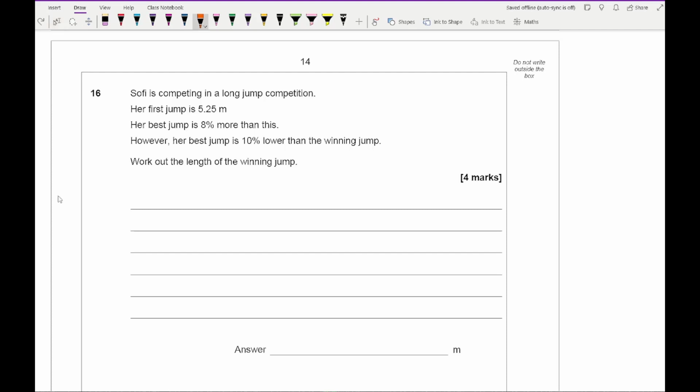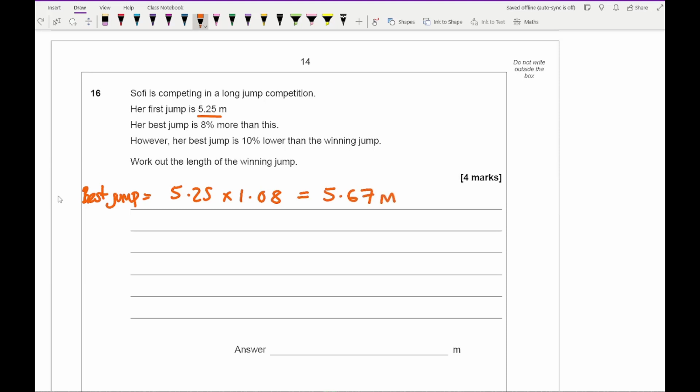So for this, what we need to do is first of all work out what her best jump is. And so we're doing 5.25. Now it's going to be a percentage increase of 8%, so that's going to be multiplied by 1.08. So we've got 5.25 multiplied by 1.08, which gives me a distance of 5.67 meters.